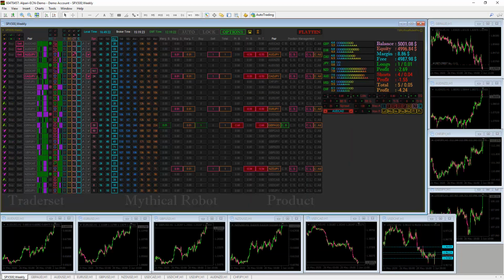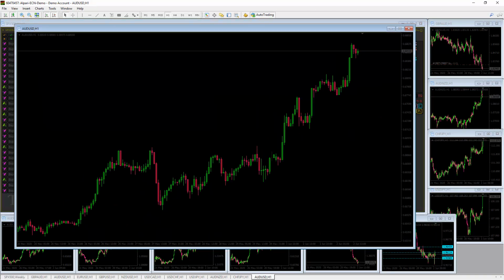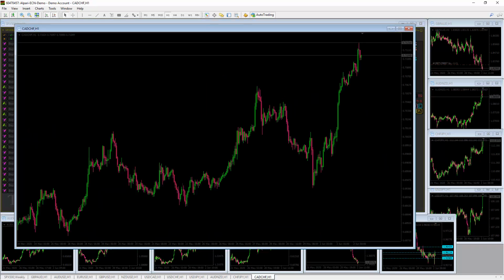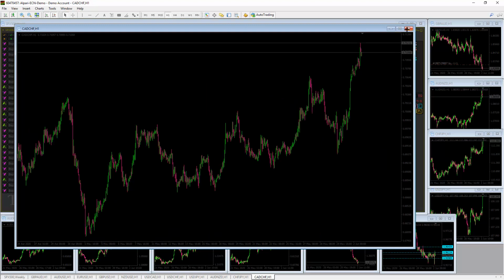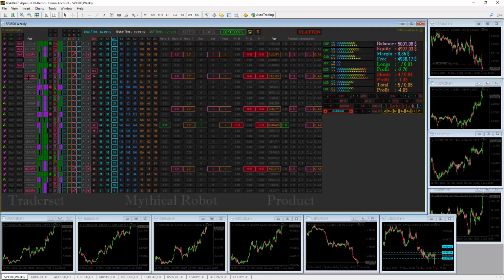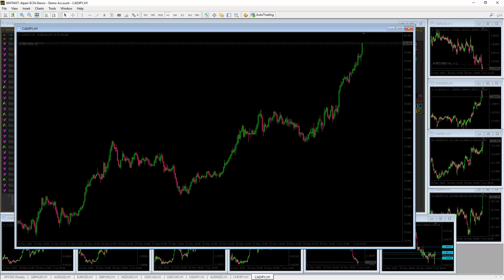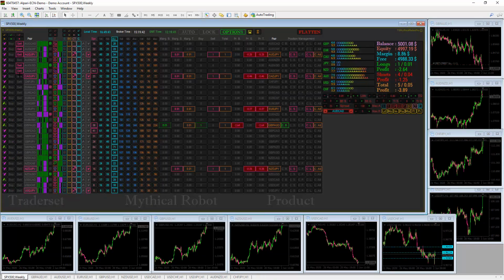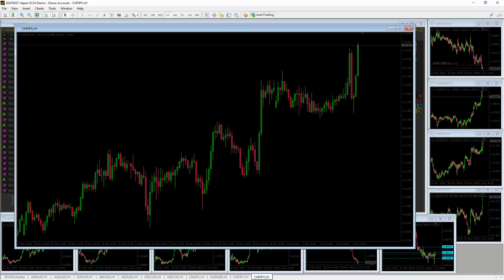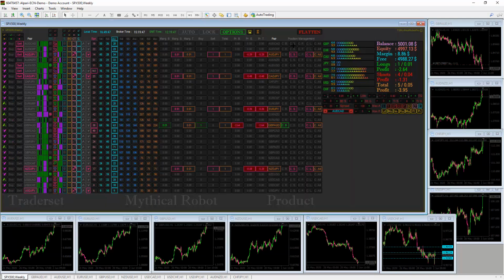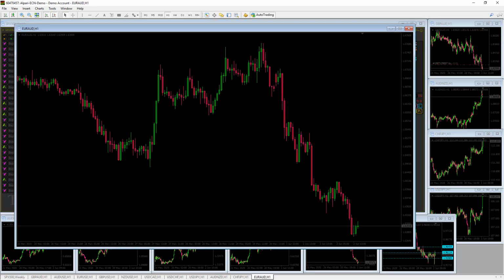This one was the one I didn't make any. Goes down. Goes down. Clearly we are looking for a short here. Another short maybe. But let's leave it as before.